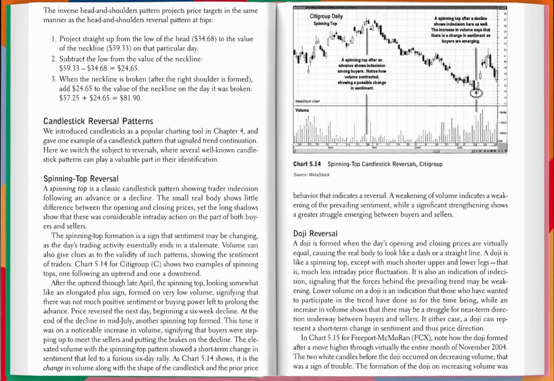When the neckline is broken after the right shoulder is formed, add $24.65 to the value of the neckline on the day it was broken. $57.25 plus $24.65 equals $81.90.